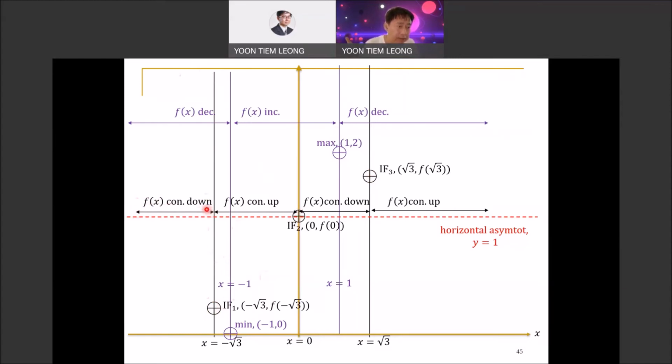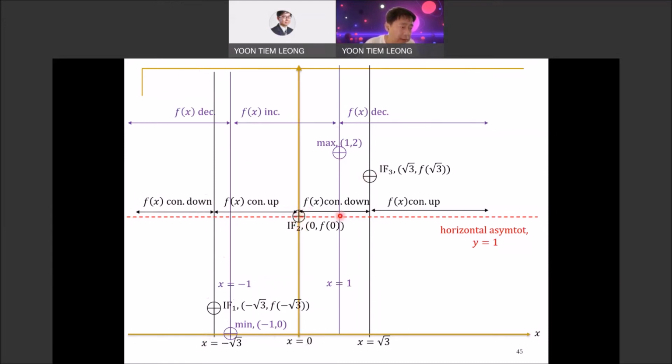Then the second region for the concavity is from the inflection point 2, from -square root of 3 to x equals to 0. So from here to here, the function has positive concavity. Then from this inflection point 2 to inflection point 3, the function has a downwards concavity.